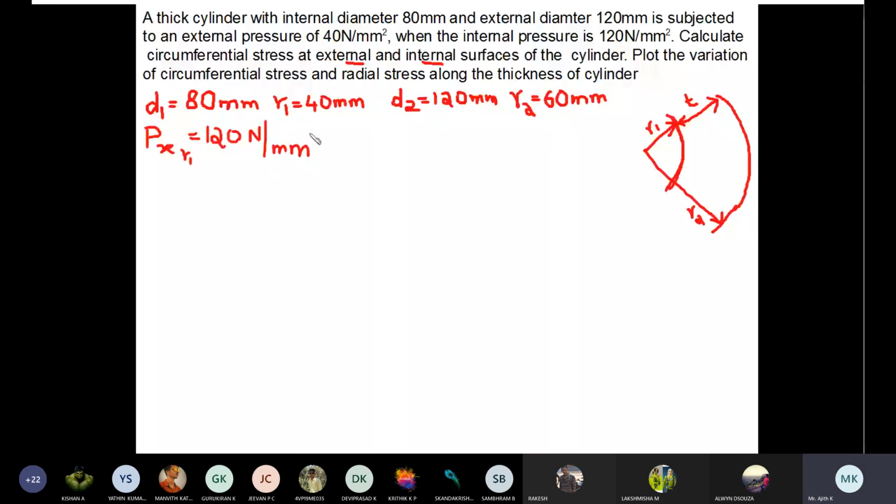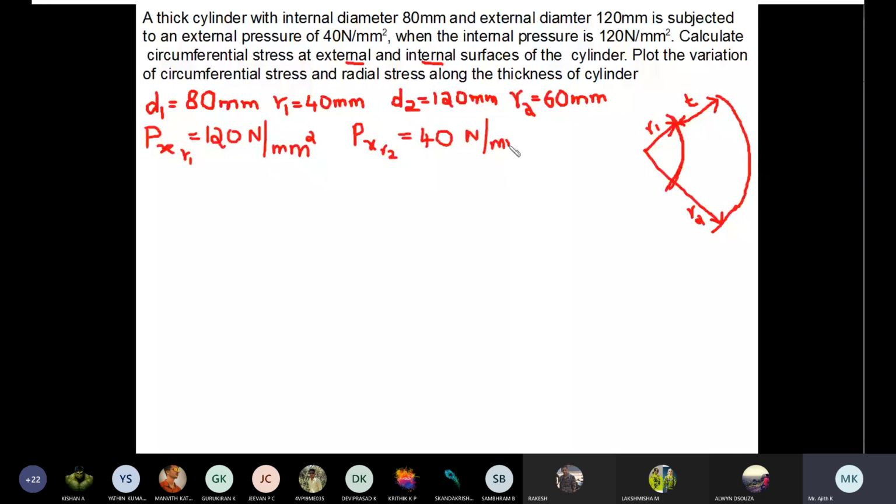And the value of Px at outer surface, Px at R2, where the value of radius is R2, is 40 Newton per mm square.